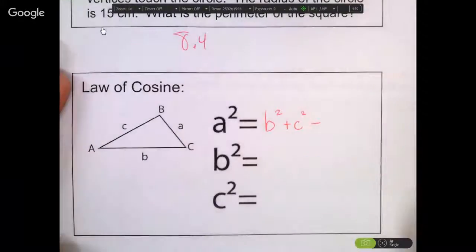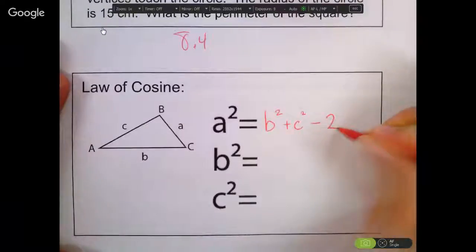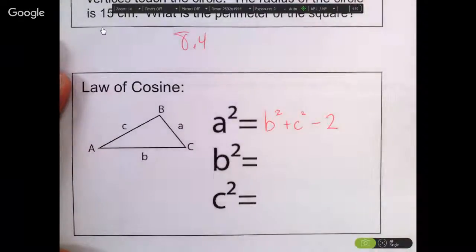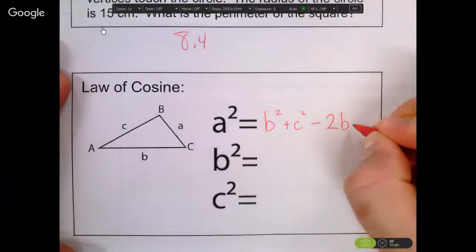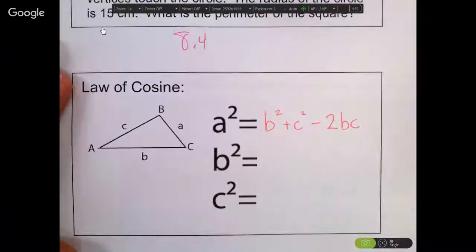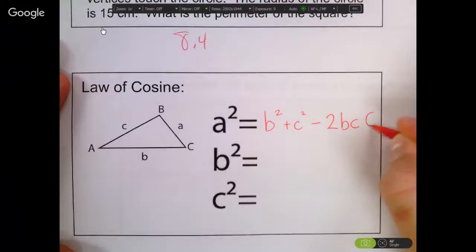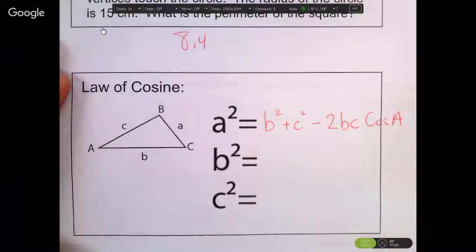Minus 2bc cosine of A. Well, the law of cosines better have cosines in it.